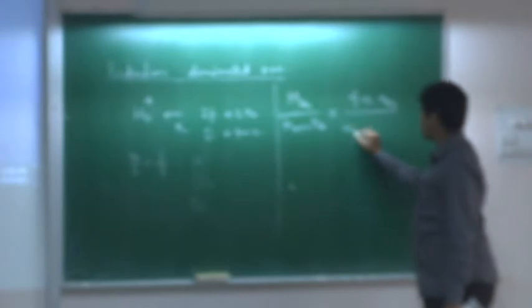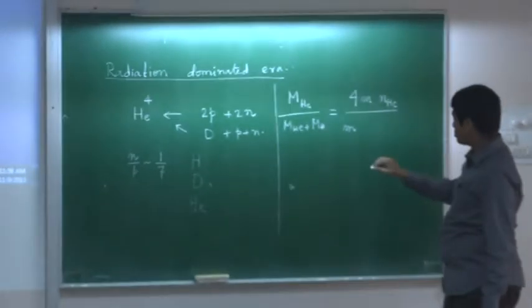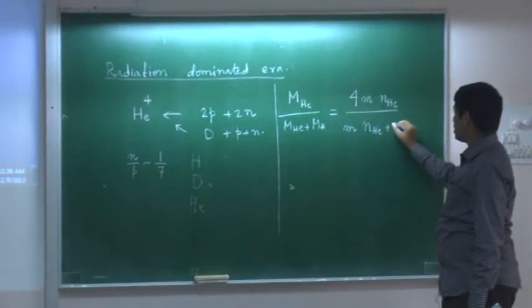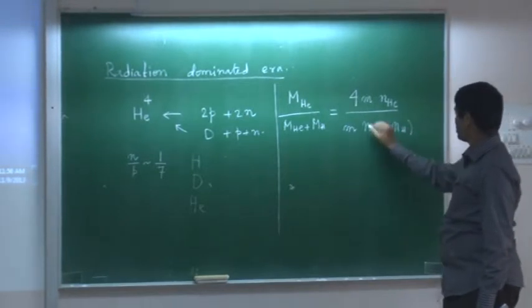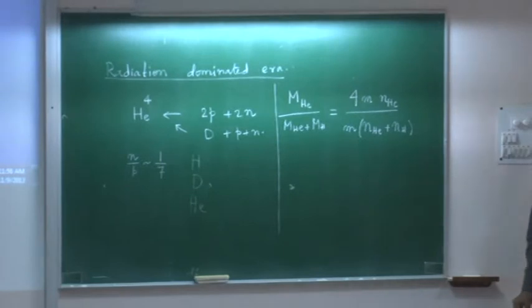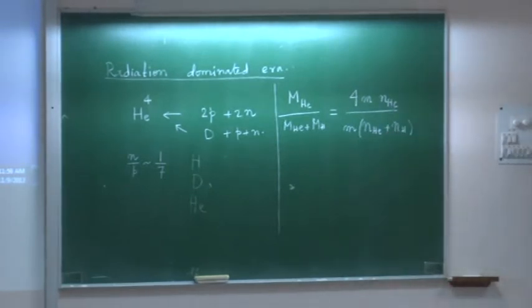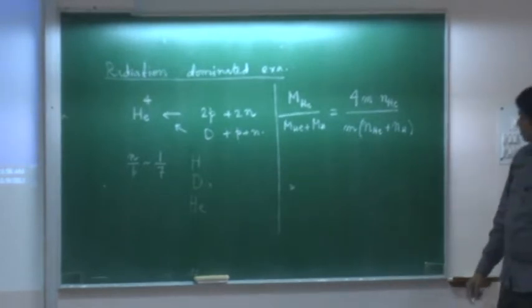And here also, proton and neutron masses are the same, n number of helium plus n number of hydrogen. What will be this number? This is very easy to guess, in terms of the protons and neutrons.